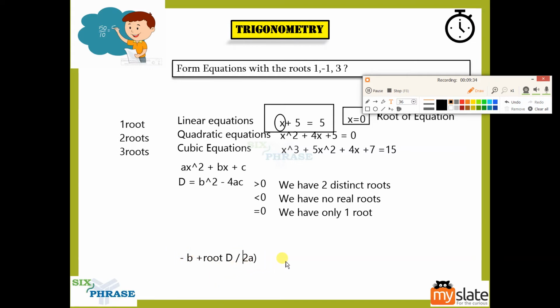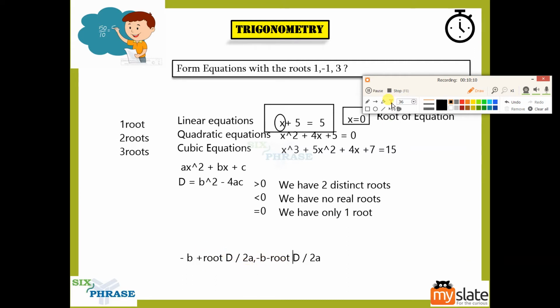And the second root will be the same thing: minus b minus root d, divided by 2a. So this is the second root. Just have the minus sign here. Whatever the value that you have as d, just take the root of it and do this, and you will get the two roots.